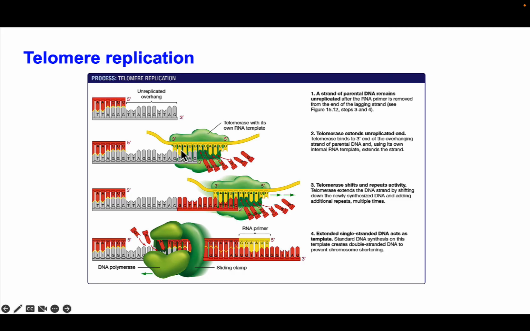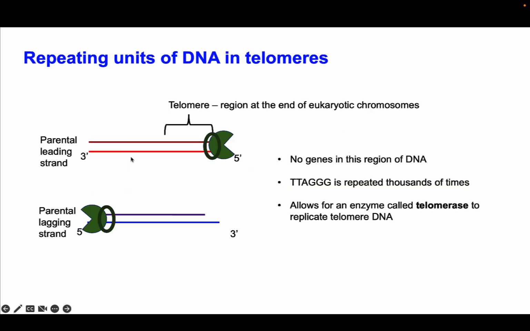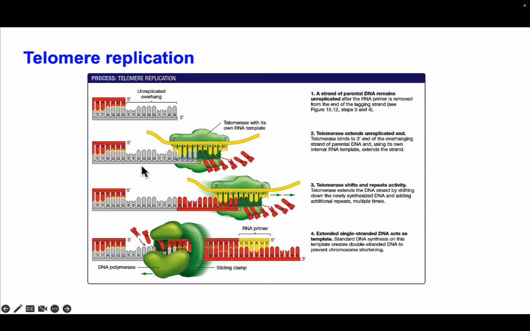Now remember, this is the complement of the telomeric region of DNA. Let's go back a slide. We said TTAGGG. So this RNA guides the telomerase to the telomeric regions of DNA.